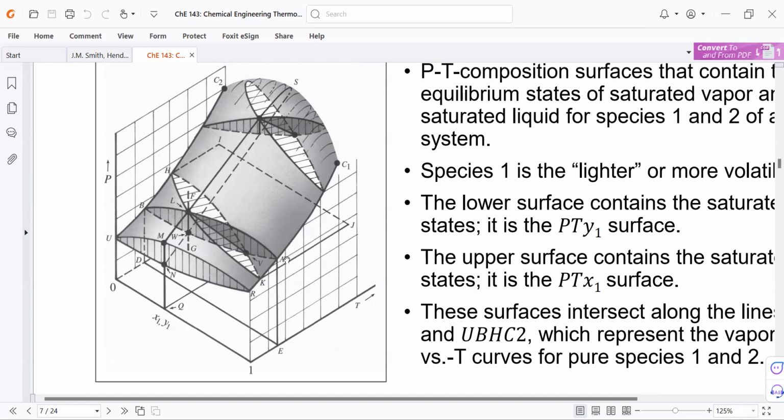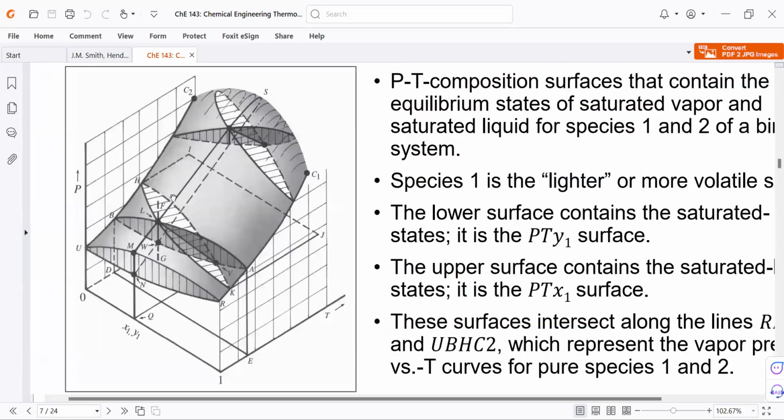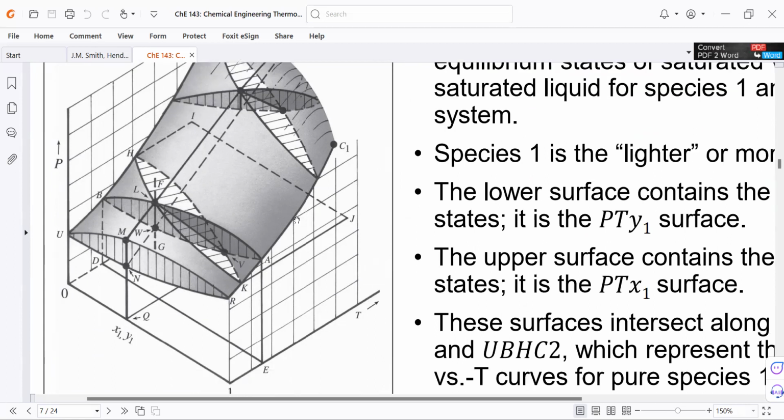At 0, it means it's pure species 2. So these lines, RKAC1 and UBHC2, represent the vapor pressure-temperature curves for pure species 1 and 2. UBHC2 is for pure species 2, and RKAC1 is for pure species 1.